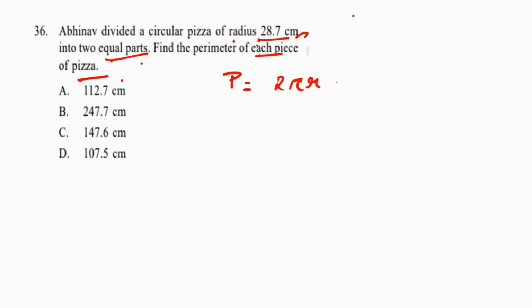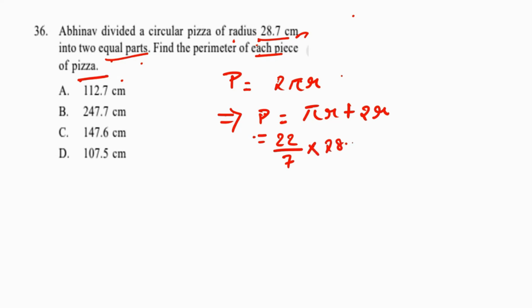Now, since we have to do it for the semicircle, the perimeter of each piece would be pi r plus 2r, where r stands for radius. Now, the value of pi is 22 by 7. So evaluating, 22 by 7 multiplied by 28.7 centimeters, which is the value of r, added to 2 times r, which would be 2 times 28.7.